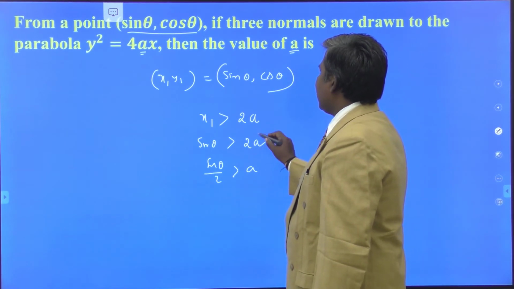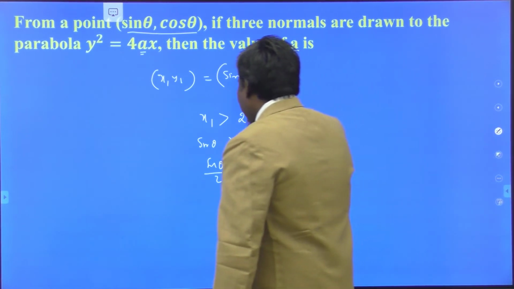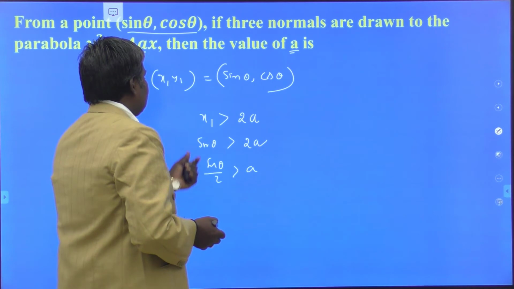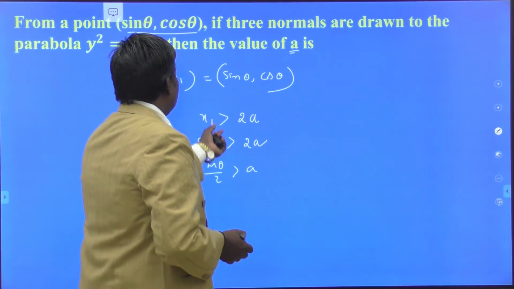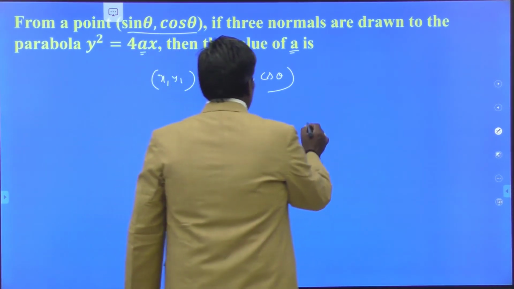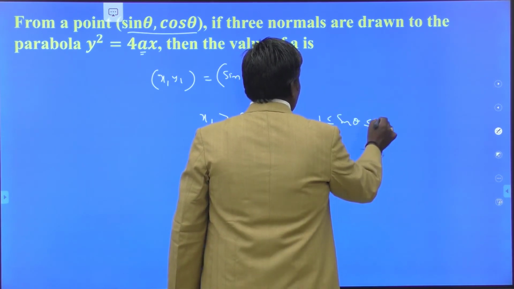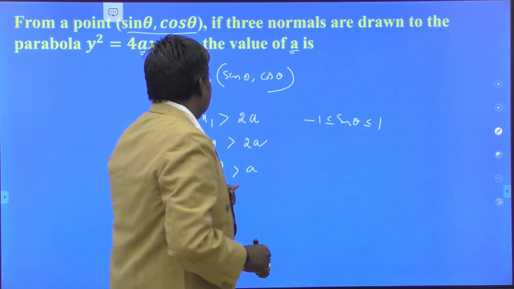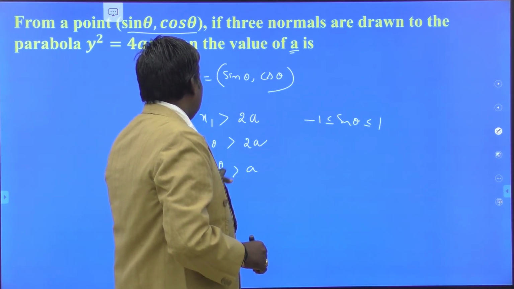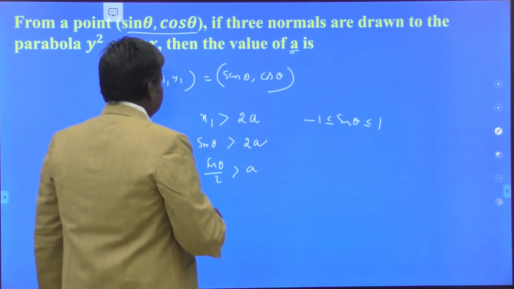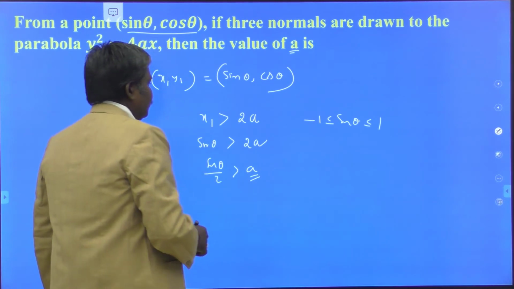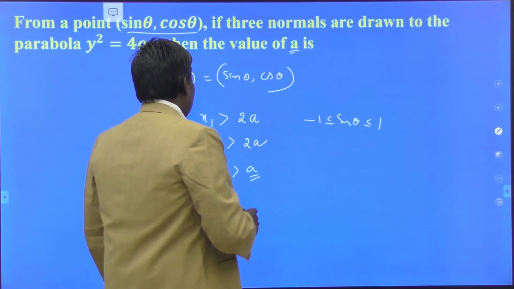Can you write the range of a or not? You have to write the range of a because you know the range of sin theta: minus 1 less than or equal to sin theta less than or equal to 1. From that, the a value must be less than sin theta by 2.